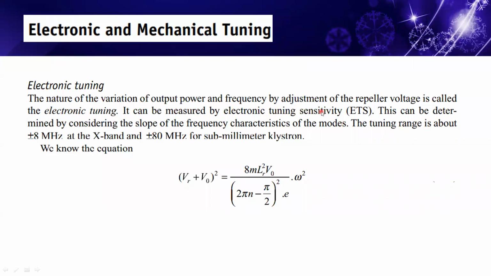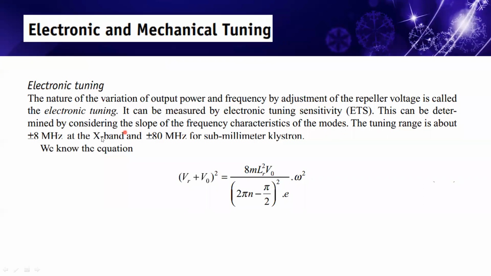Briefly we discuss electronic tuning. The nature of variation of the power and frequency by adjustment of the repeller voltage is called electronic tuning, and it is measured by the electronic tuning sensitivity method, which can be determined by considering the slope of the frequency waveforms of the mode characteristics.